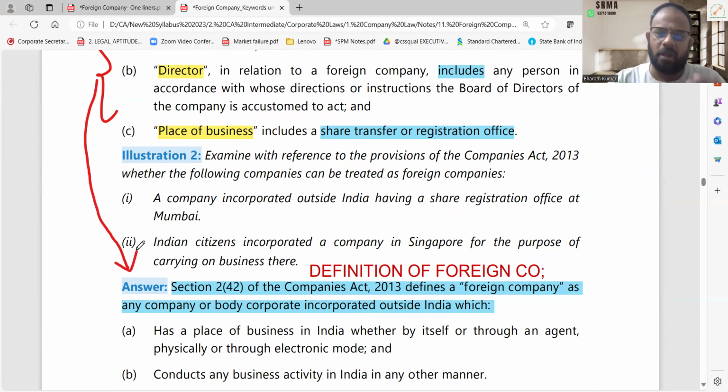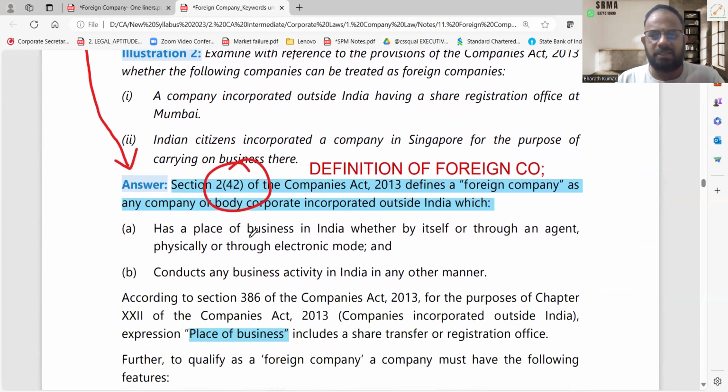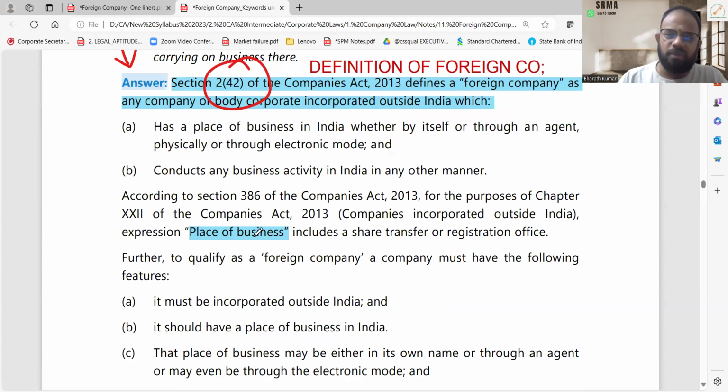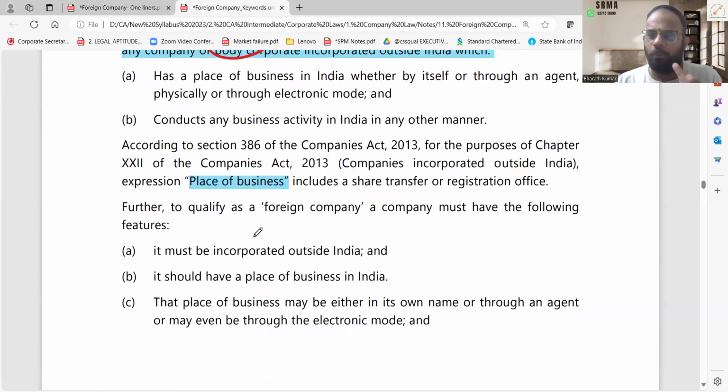Where did we study? We already studied what is section 2, subsection 42. So if you glance at the illustration, you will understand what is place of business. Place of business means what? I already told. How many times I'll tell you? Incorporated outside India, place of business in India, and you or through your agent or through electronic mode or physical mode or whatever, you will ensure this.